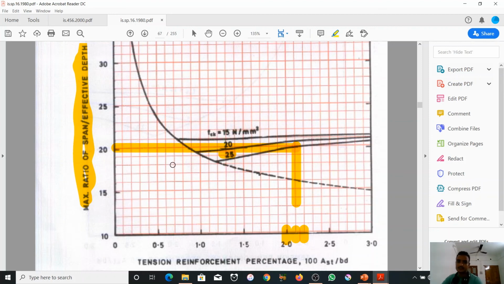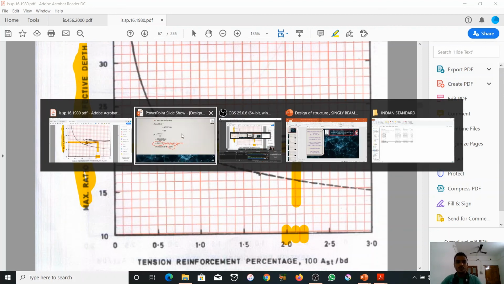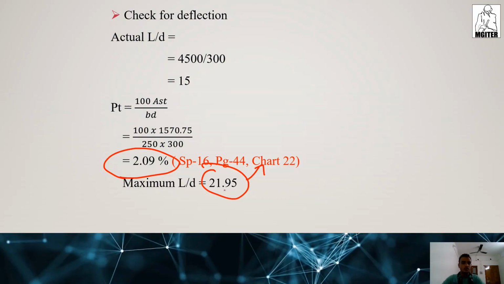This graph gives a value more than 20, so I just approximate the value as 21.95. It's an approximate value. You can take it as 20 or something else. What is important is that it is more than 15.